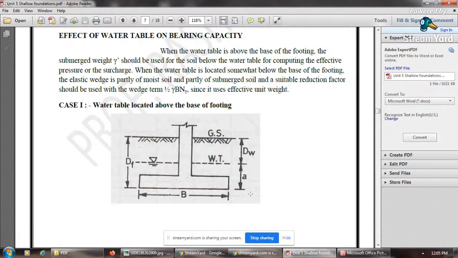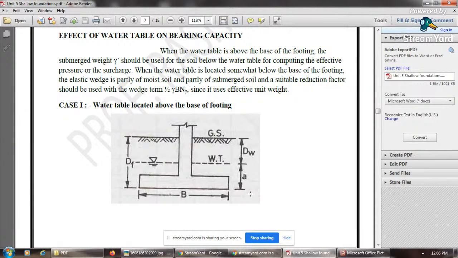When the water table is located below the base of the footing, the elastic wedge is partly of moist soil and partly of submerged soil, and a suitable reduction factor should be used with the wedge term 1/2 gamma B N gamma, since it uses effective unit weight.